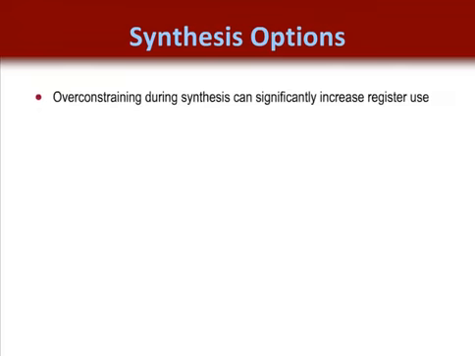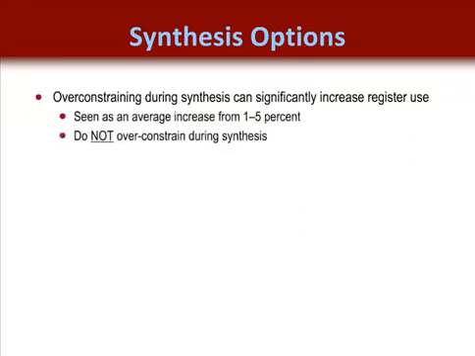Since we've been talking about registers being a premium in Virtex-5 designs, we wanted to take a second and mention some considerations about synthesis options. First of all, don't over-constrain your design. This means that you should not place timing constraints on your design that are unrealistic. As we always say, only place timing constraints that reflect what you must have.